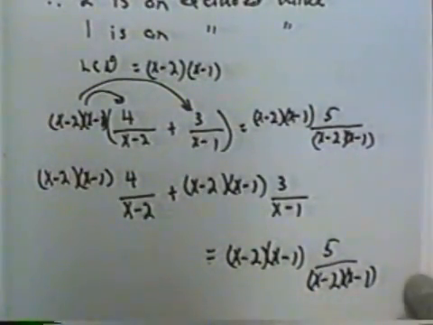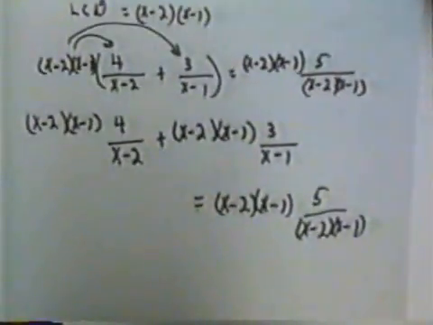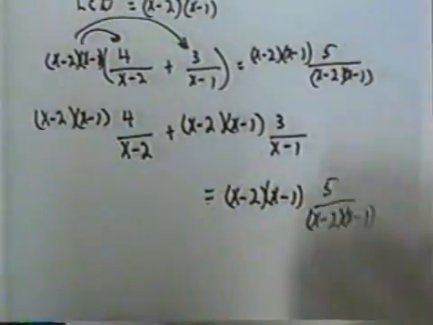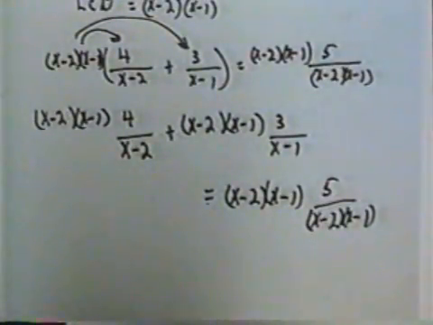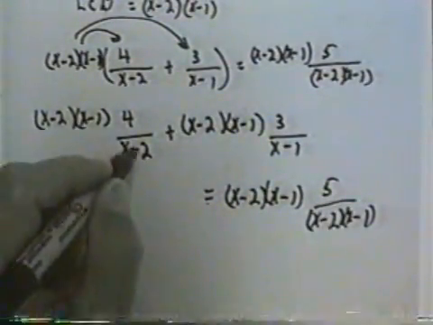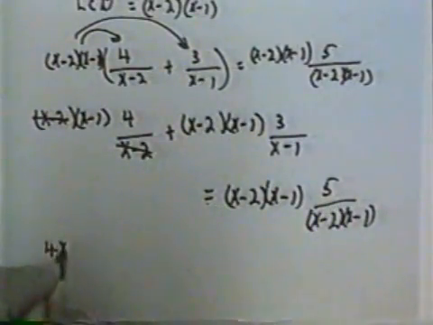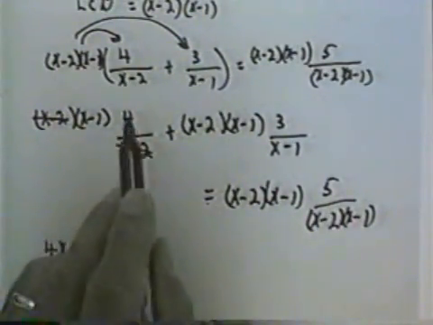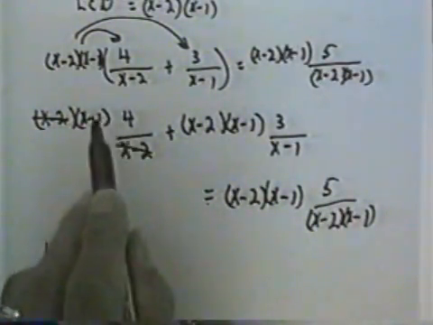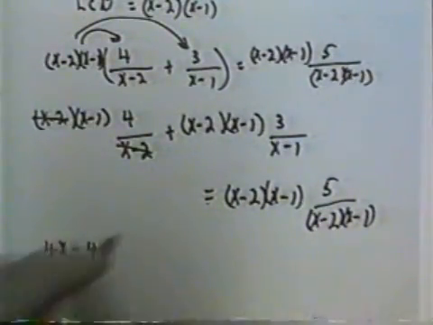Now let's see if we can cancel my fractions, because the whole idea of multiplying both sides by the least common denominator is to eliminate the fractions. My x minus 2's will cancel. That leaves me with 4x minus 4. 4 times x is 4x. 4 times negative 1 is negative 4.